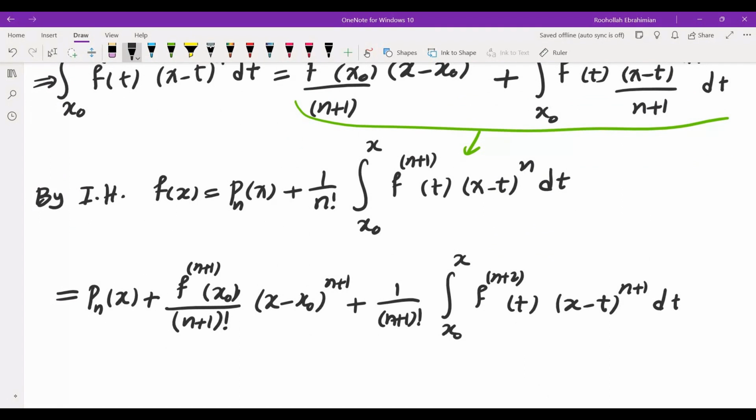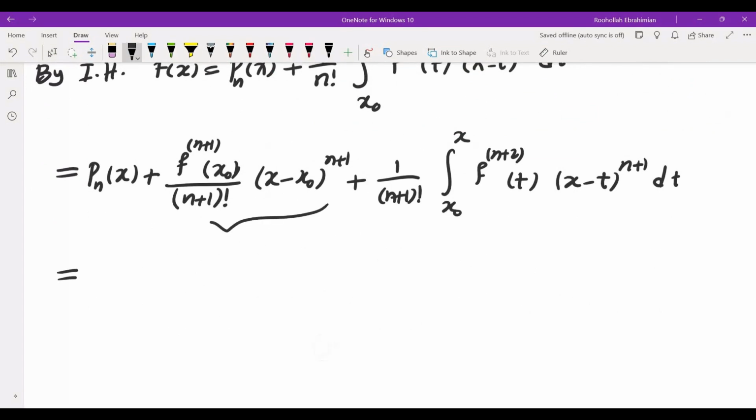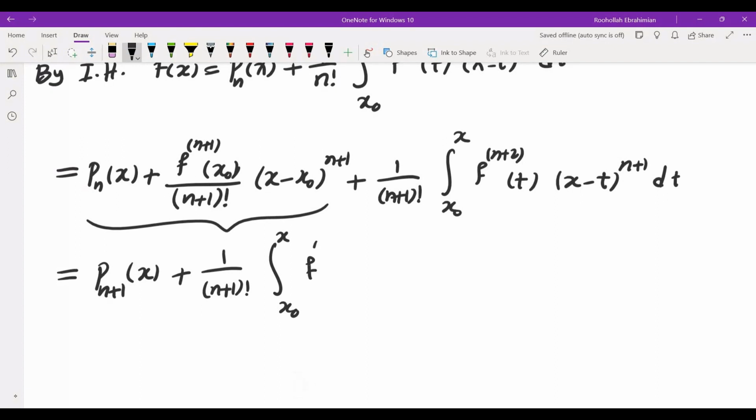And this is essentially what I wanted. Because the first portion, this portion, is Pn plus 1 of x. And the rest is the remainder that I wanted. Integral from x naught to x, fn plus 2 of t, x minus t to the power of n plus 1 dt as desired.